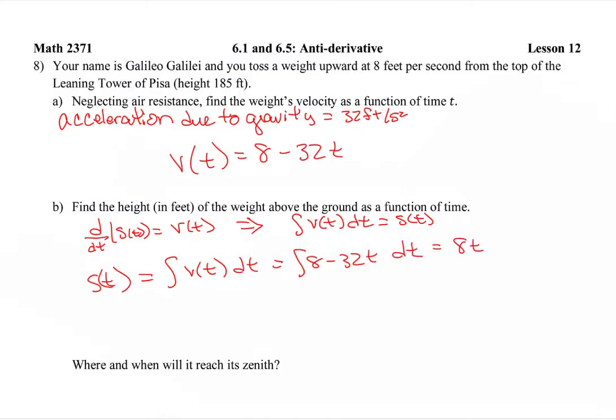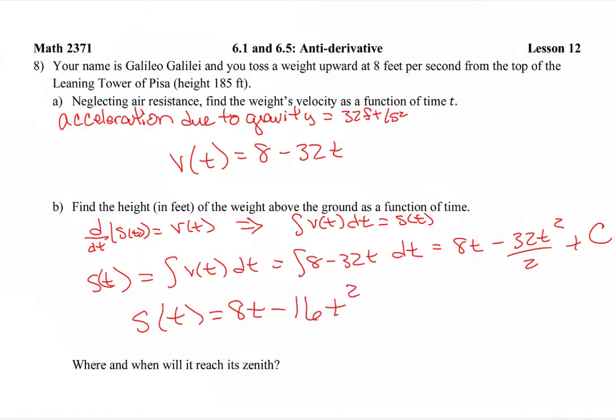So that's 8t minus 32t squared over 2 plus c. All right, so that means that S of t equals 8t minus 16t squared plus c.